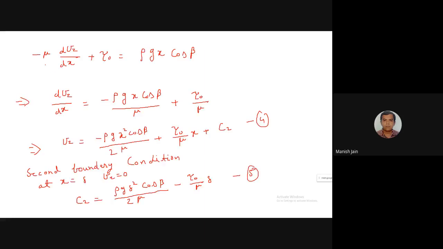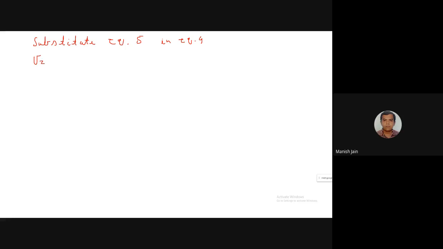You will get Vz equal to rho g delta square cos beta divided by 2 mu, in bracket 1 minus x square divided by delta square, bracket close, minus tau naught delta divided by mu.